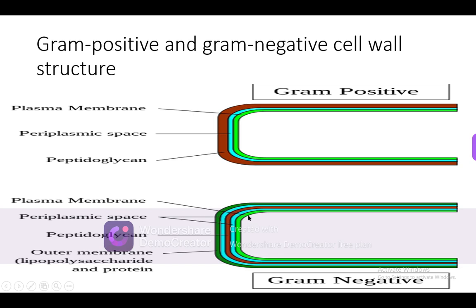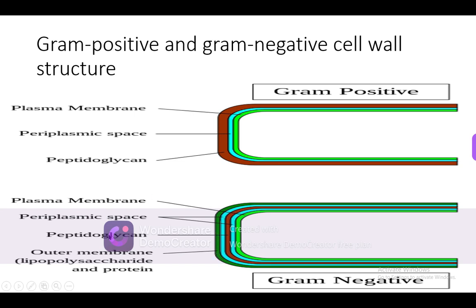You see, there is a plasma membrane, and the periplasmic space contains a higher amount of fluid, definitely higher, and then thick peptidoglycan layers here, and then they have got the outer membrane, lipopolysaccharide and protein layer, outside.